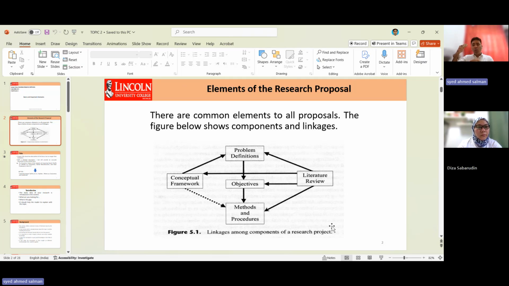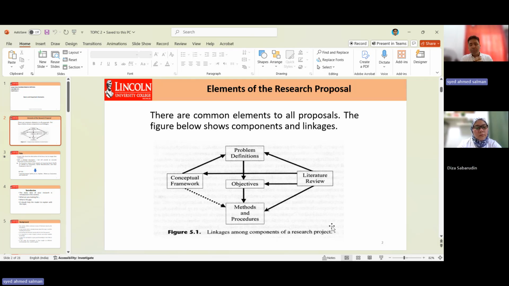Once you are reading article by article, you will be able to know what is the problem in the research. If you find out the problem, then only you will be able to develop the problem.